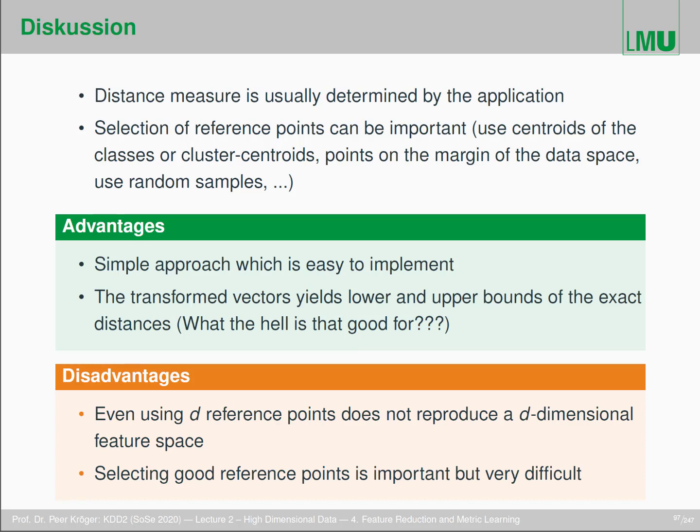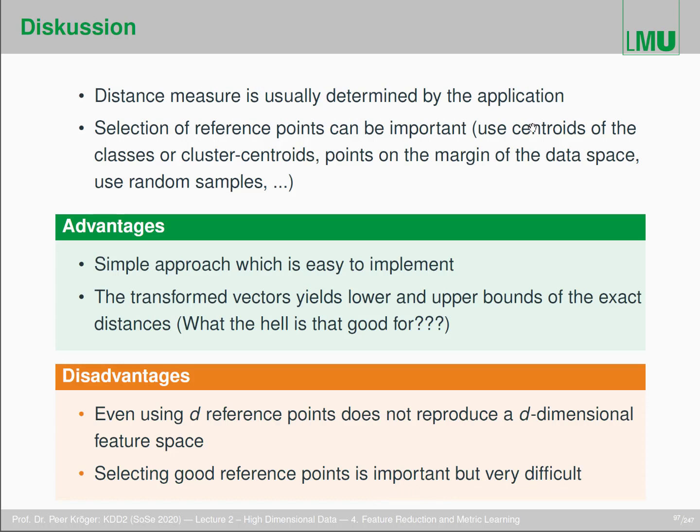But that's more a performance thing. So the disadvantages: even using the reference points does not reproduce a d-dimensional feature space, of course, so you never know what you actually get. And as I told you before, selecting good reference points and also good distance measures is extremely important, but also extremely difficult.